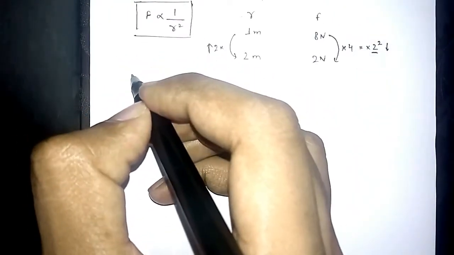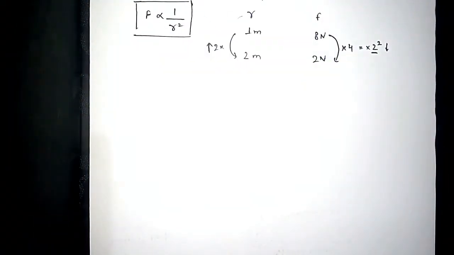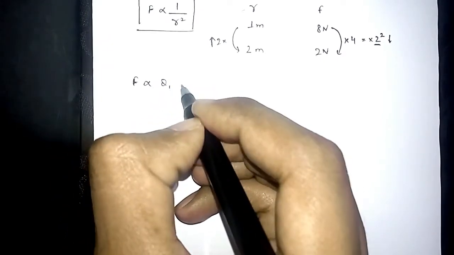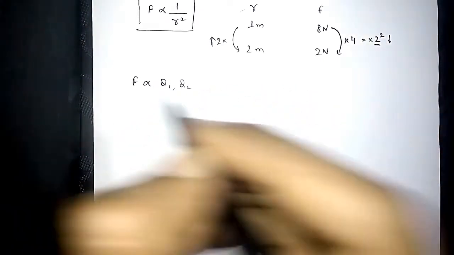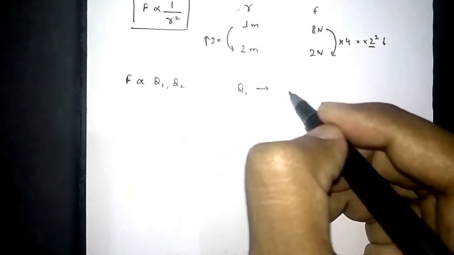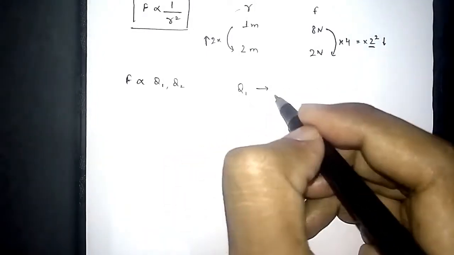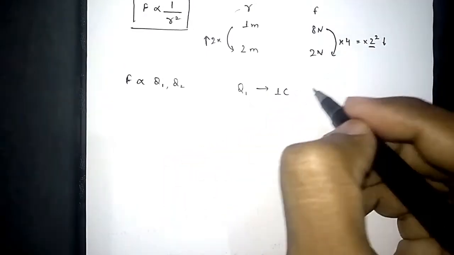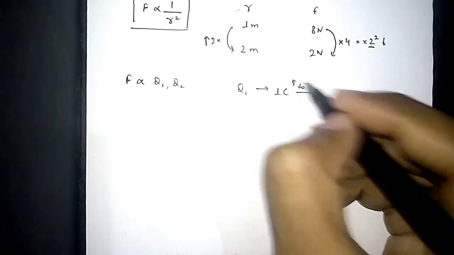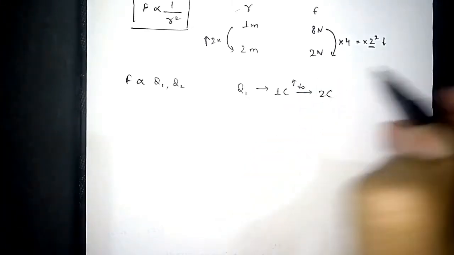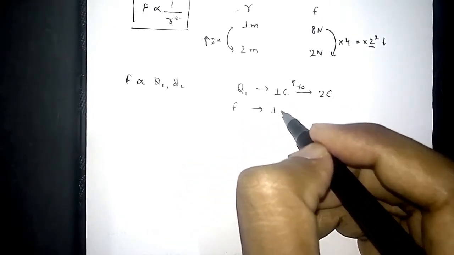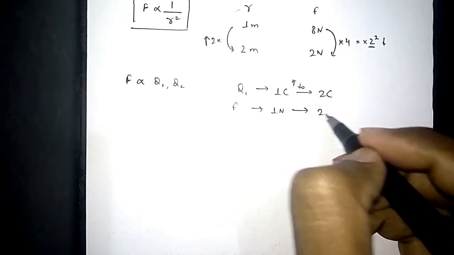And the second thing which that guy noticed, force is directly proportional to values of Q1 and Q2. Let's say when he was increasing the value of Q1, like initially Q1 was 1 Coulomb, then he increased to 2 Coulomb, then the force increased, let's say it was 1 Newton initially, then increased to 2 Newton.